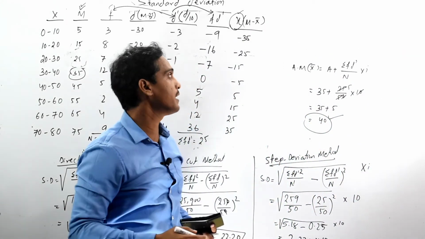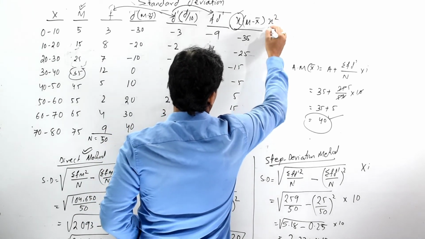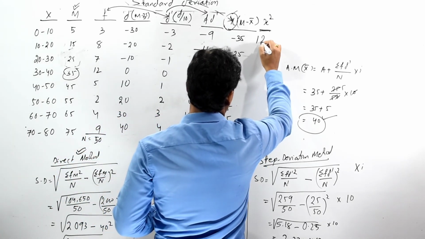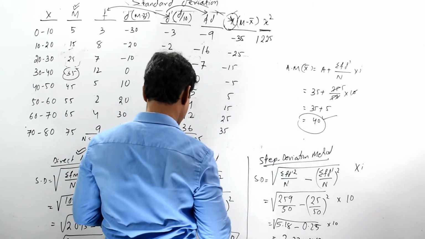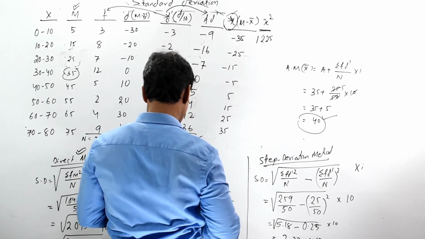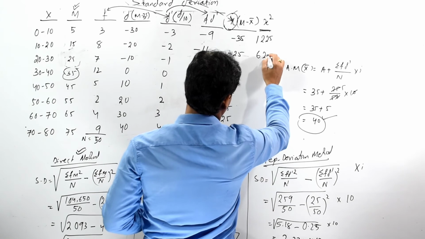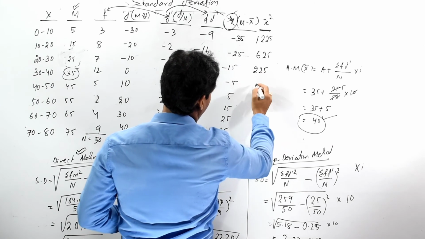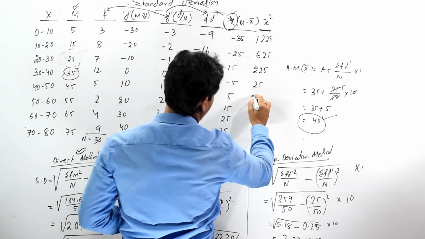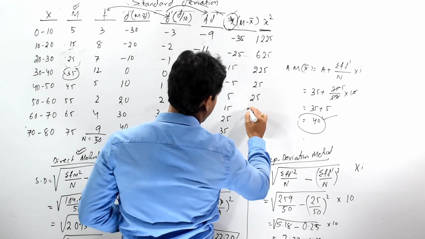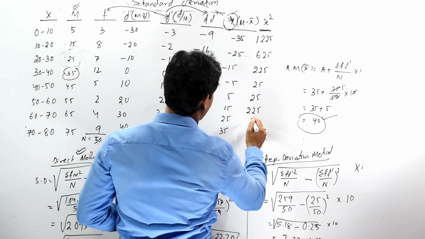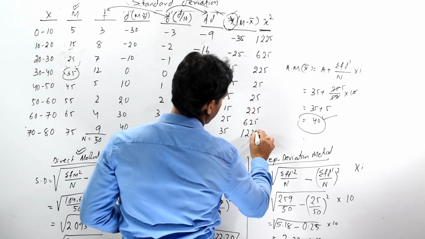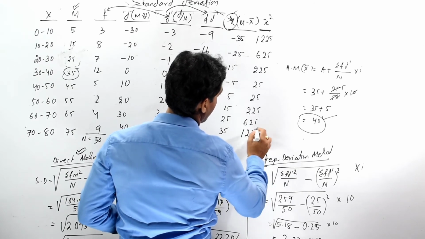So now find out x square, that is 35 into 35 equals 1225, 25 into 25 equals 625, 15 into 15, that is 225, 5 square, that is 25, 5 square 25, 15 square 225, 25 square 625, and 35 square 1225.